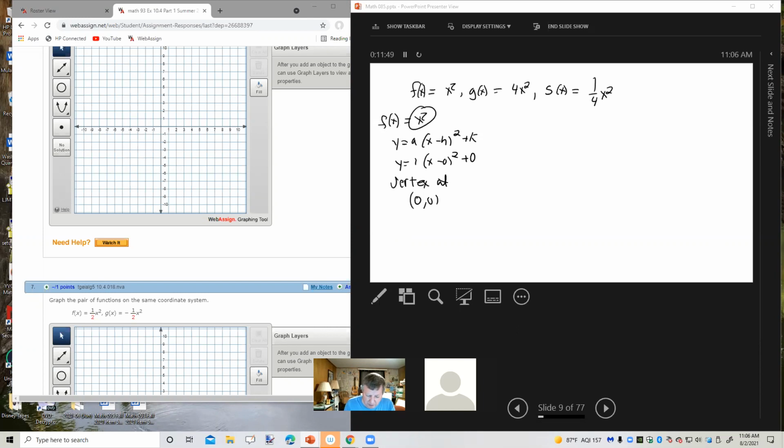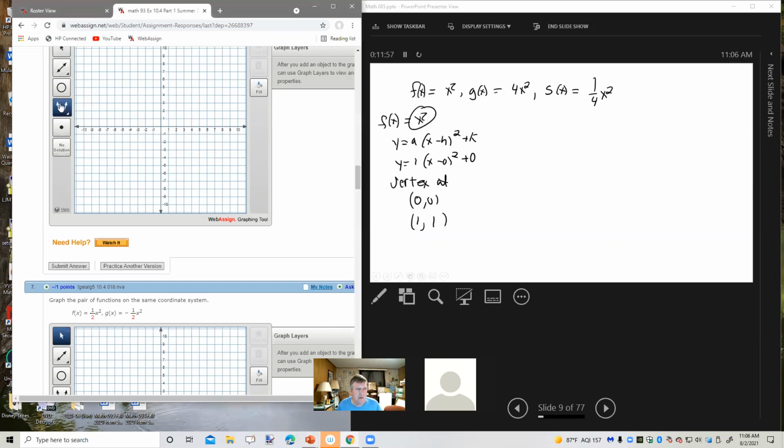I need one other point, so let's just plug in 1. If x is 1, 1 squared, y is 1. So 0, 0 and 1, 1, there's the vertex and one other point. Okay, so there's the graph of f of x equals x squared. You okay with that? Yes.